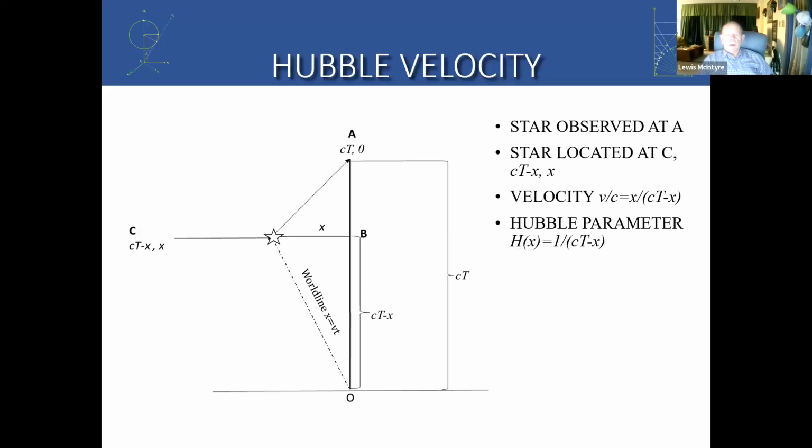And the Hubble parameter is likewise increasing with distance. For small x, the Hubble parameter is approximately 1 over the age of the universe, as originally determined by Hubble, based on the distances measured 100 years ago.